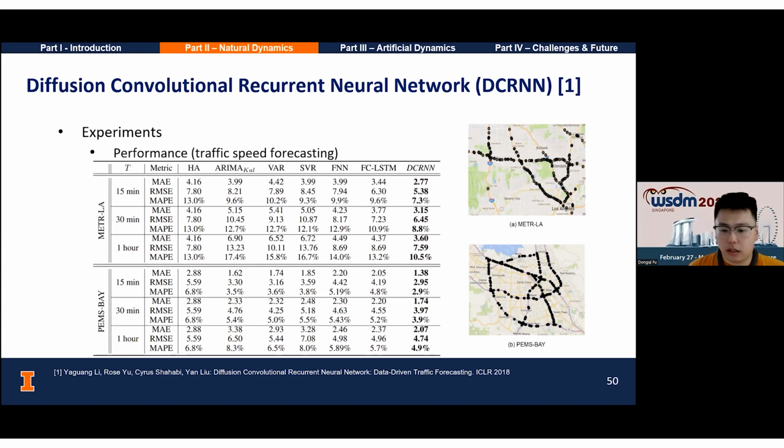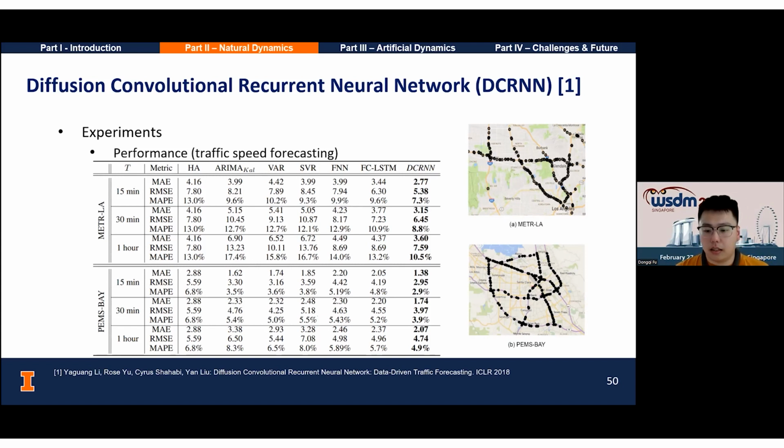The advantage of the DCRN becomes more evident with the increase of the forecasting horizon, which means that for the 1 hour prediction, the performance gain of DCRN is large, from 10 to 7.